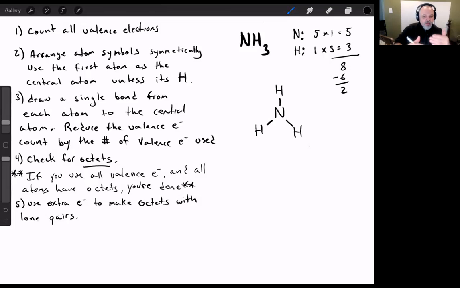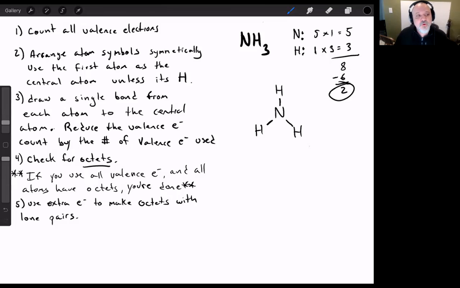It's because you've processed these rules in order. And you got to this point and you said, okay, I have 2 electrons left over. Hydrogen has octets, but nitrogen doesn't. Nitrogen only has 6. It's not one of the exceptions.